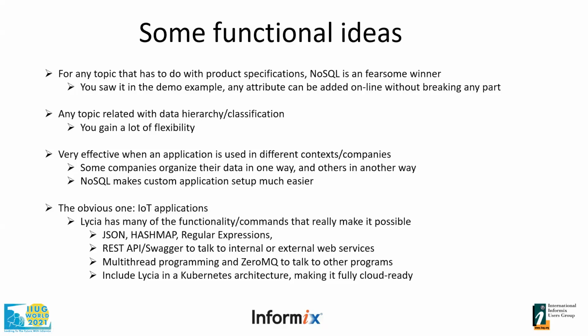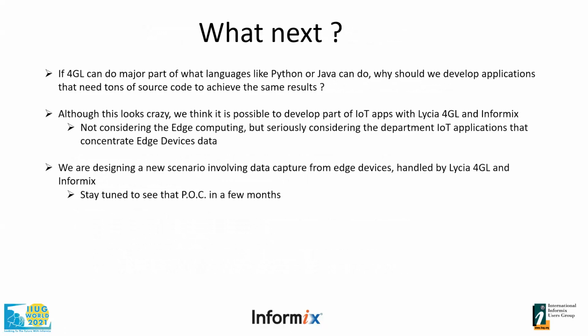Basically, this could be one Lycia application server talking to maybe a Raspberry Pi or something like this. And if we consider that we can include Lycia in the Kubernetes architecture, making it cloud ready, what else do we need? So what next?